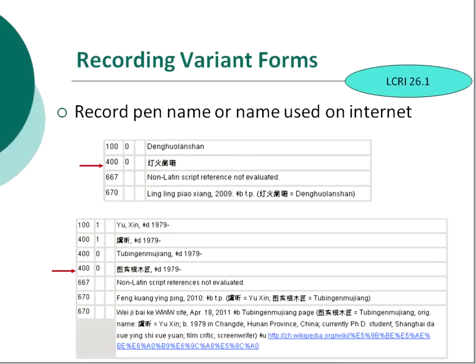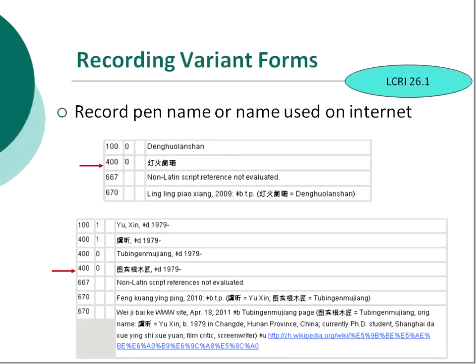And if you look at the second record here, you notice that the author did publish under his or her real name, but then another name, which is a pen name, became available on the internet page.